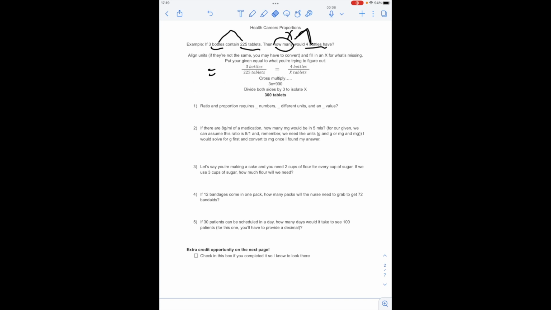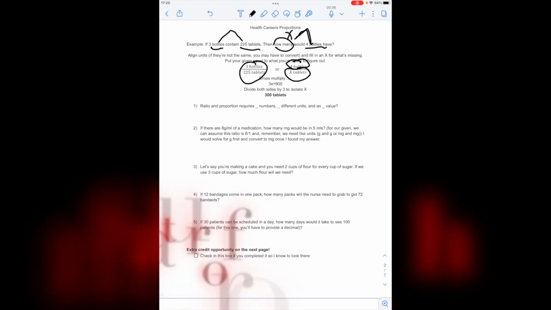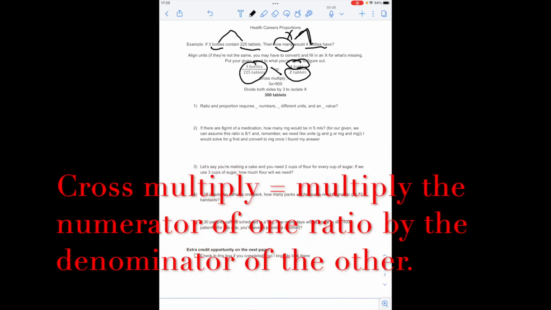So erase that so we can see better again. Our given was 3 bottles over 225 tablets. We're setting it equal to what we want to find. So it says, how many would 4 bottles have? So 4 bottles, that's a given amount. We put that there. Tablets is what we're looking for. So cross multiply. So when I say cross multiply, I mean multiply like that.